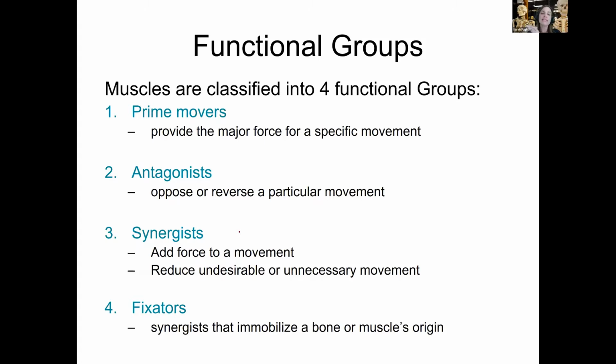And then the last thing is we have fixators. And fixators are muscles that can help to immobilize a bone or prevent a joint from moving. A good example of a fixator would be these muscles in here, they run up your forearm and out to your fingers.